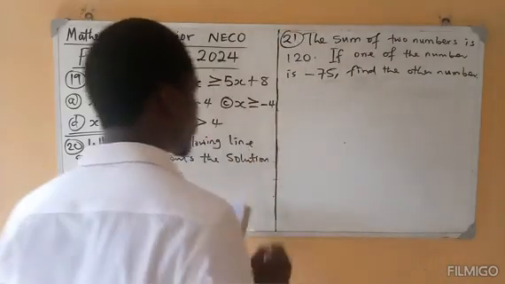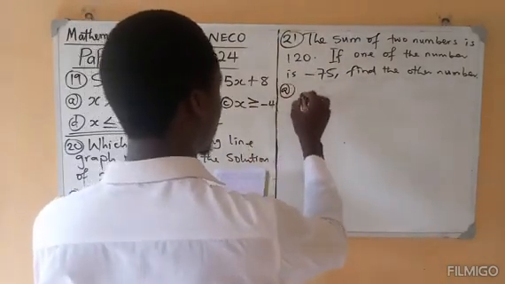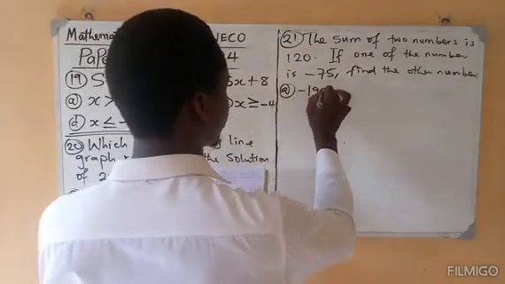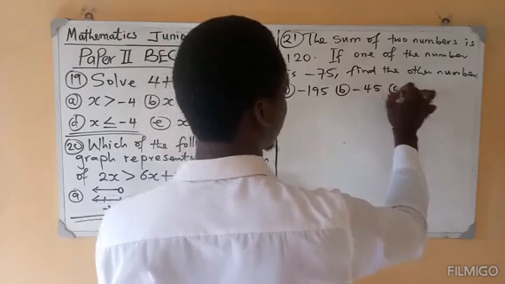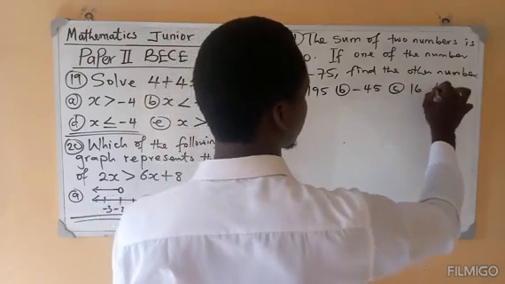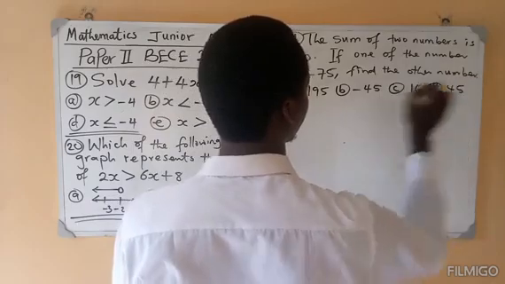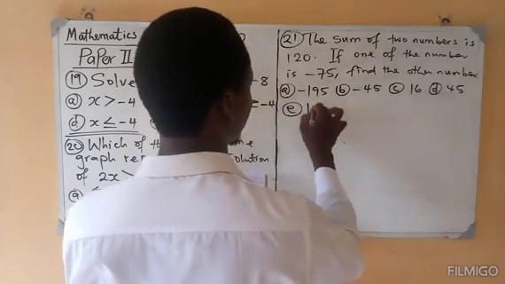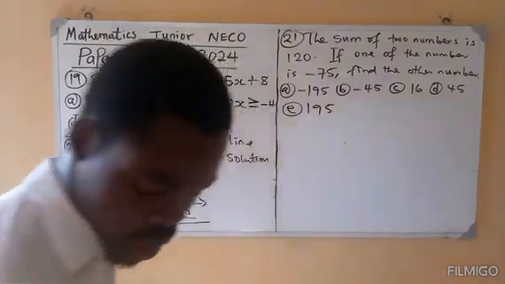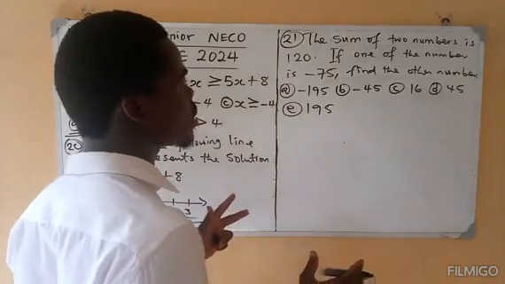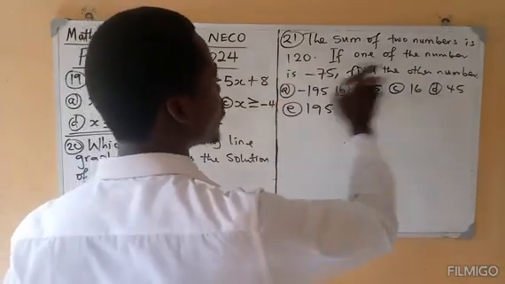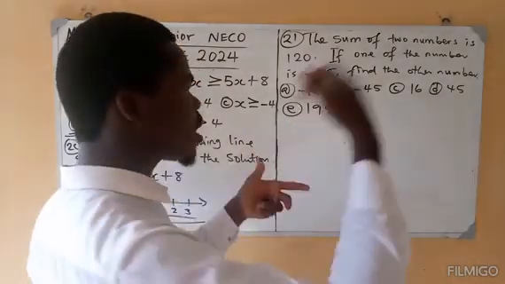The options given to us are: A, minus 195; B, minus 45; C, 16; D, 45; and E, 195. To solve this, they said the sum of two numbers is 120 and one of the numbers is minus 75. So let the other number be x.